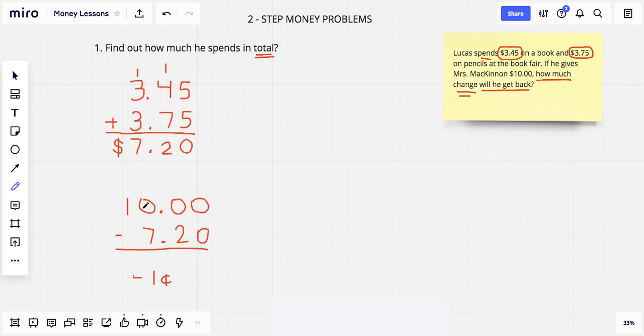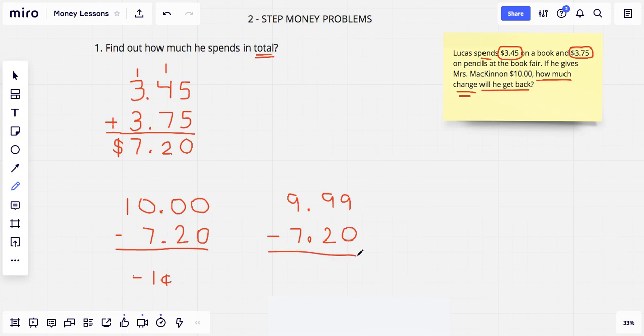So if I take away 1 cent from $10, that's going to leave me with $9.99. And then I'm going to subtract the 7.20. So I took away 1 penny, and I'm going to now subtract the 7.20.